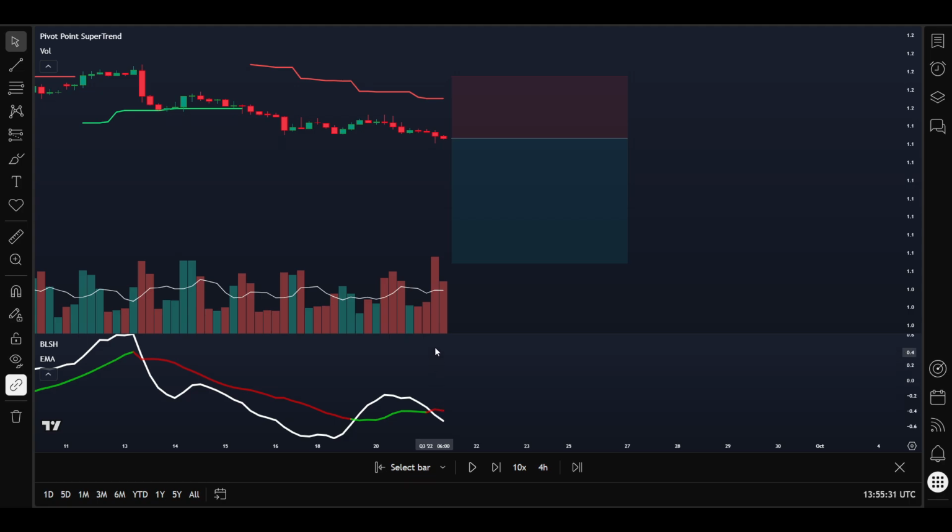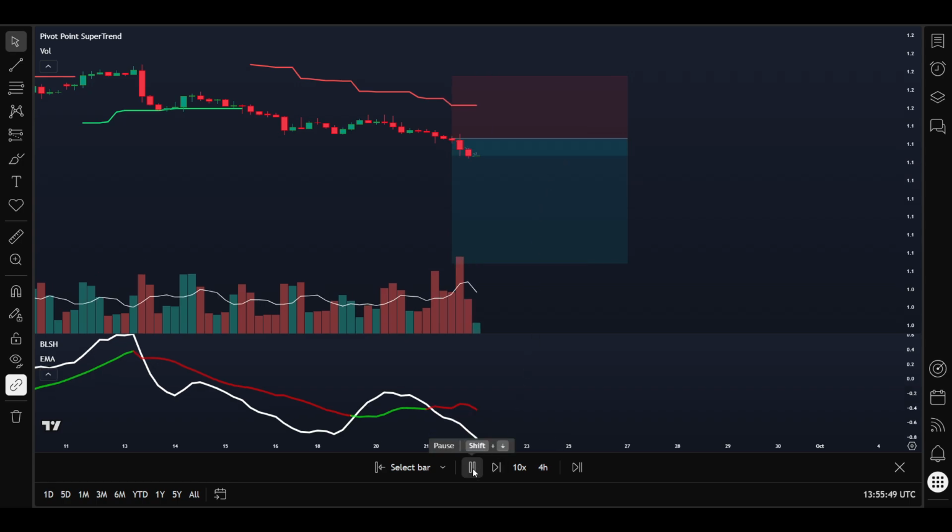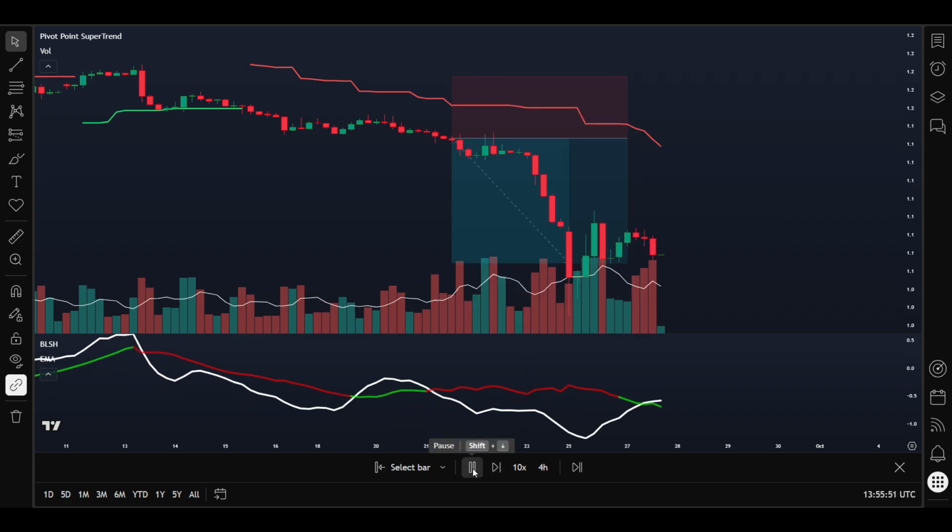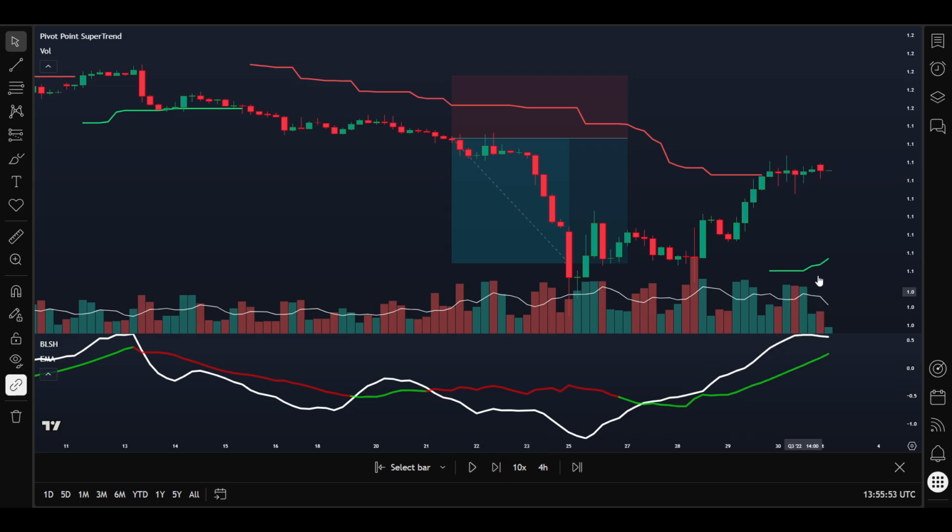Third, participation. On the entry bar, the volume bar is red and closes above the volume MA. When all three align at the close, you enter short at the next open, place the stop above the nearest swing high, and set the take profit at 2R. If BLSH isn't red at the cross, or volume fails the threshold, wait for the next aligned signal.